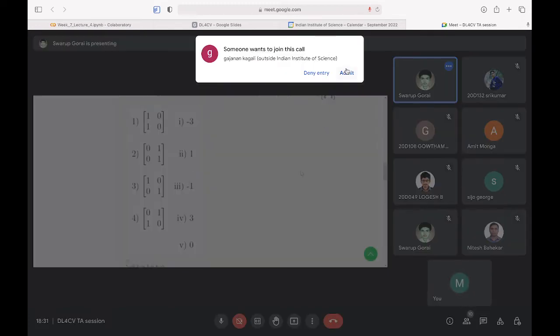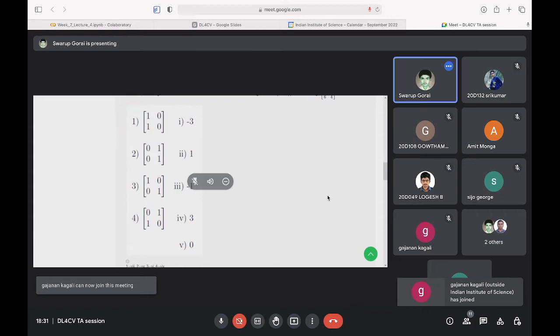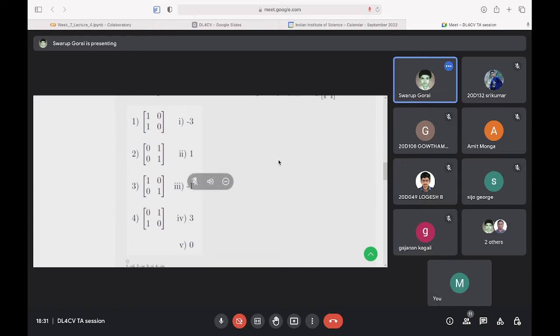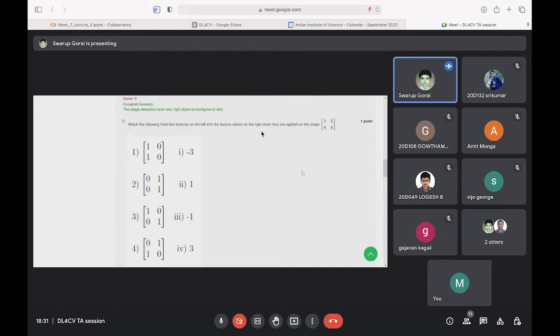So it is 1 into 1 minus 1 into 2 plus 1 into 6 minus 1 into 4. 1 minus 2 plus 6 minus 4. So 6 minus 4 is 2, so 1 is the answer.